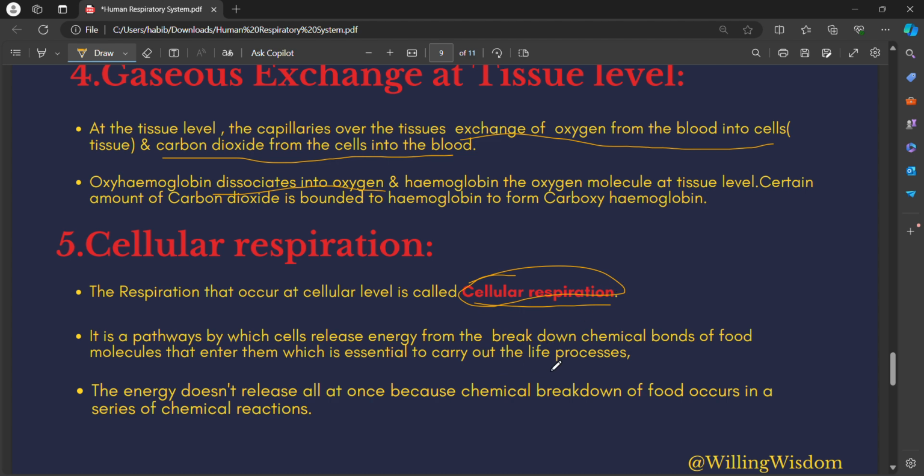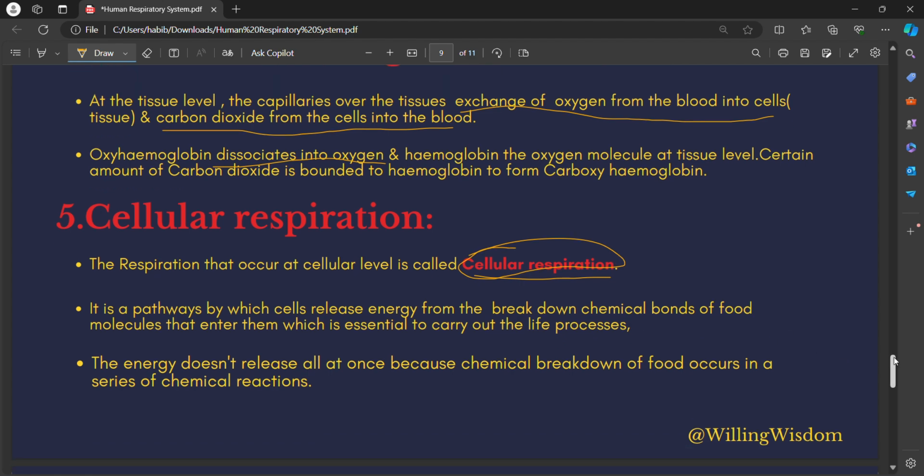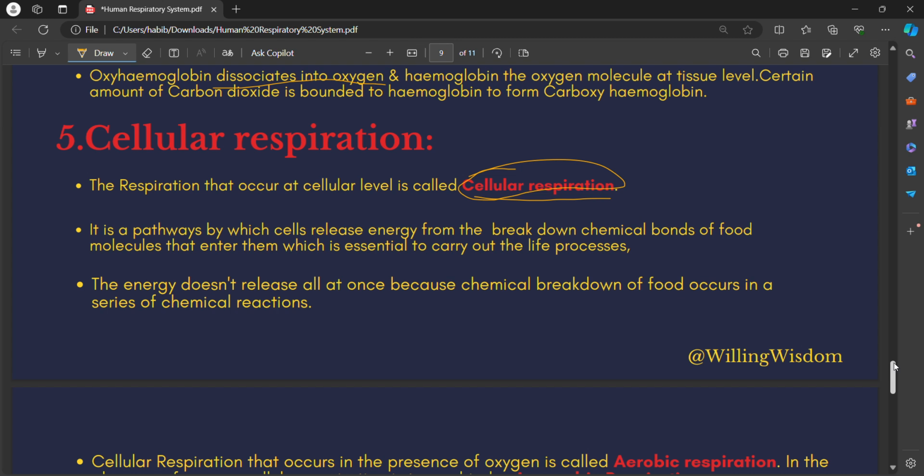So you can understand, for a living being like us, it is very important to have continuous cellular respiration, such that the life processes occurring in our body carry on and we get energy to survive.